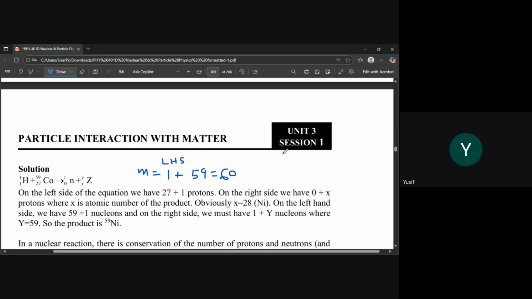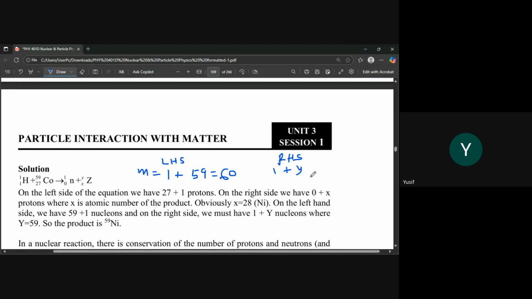Now let's look at the right-hand side. If you look at the right-hand side, you have the neutron, which is 1, plus the mass number of the daughter nucleus that is being produced. You don't know it, and that is equal to 1.